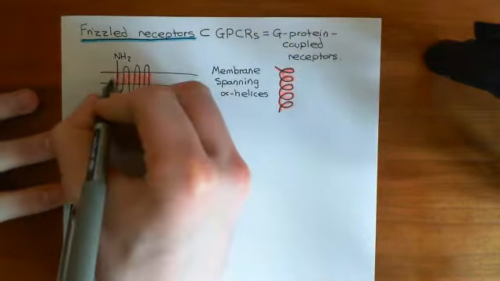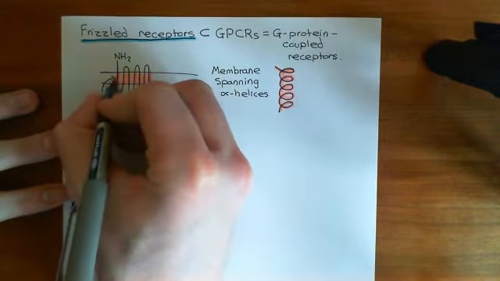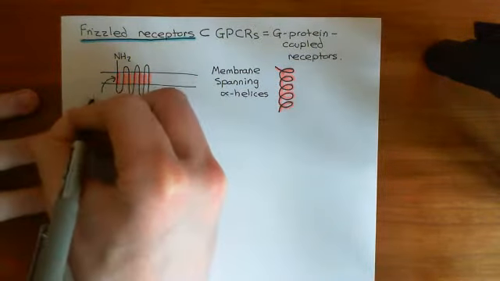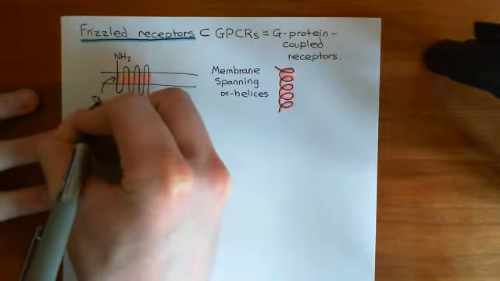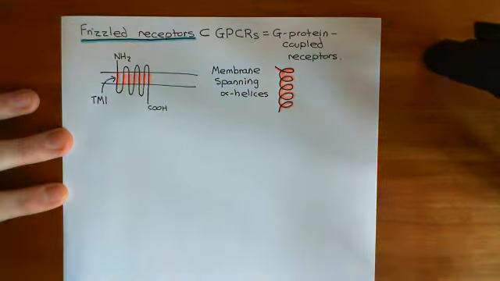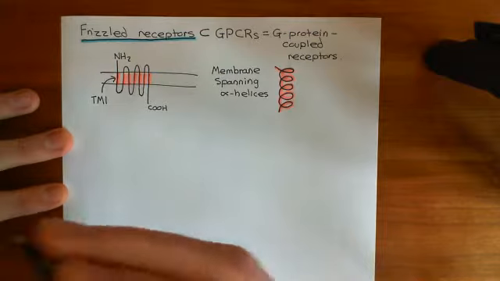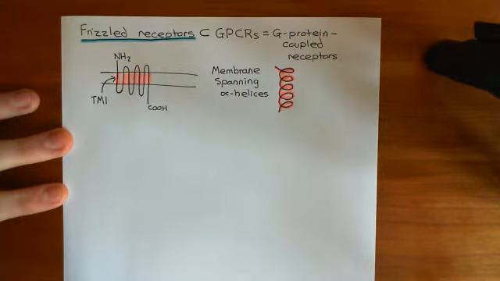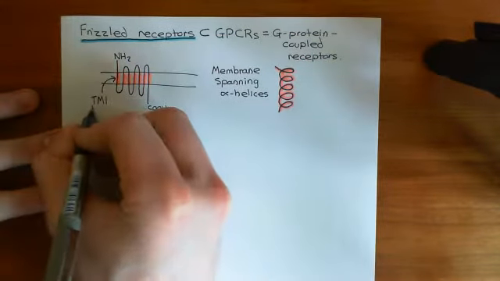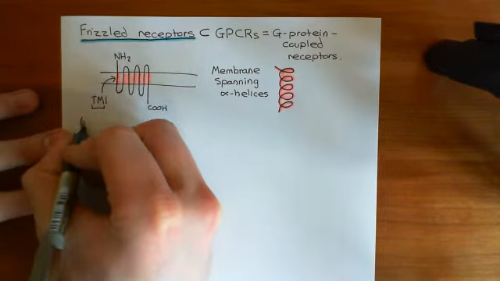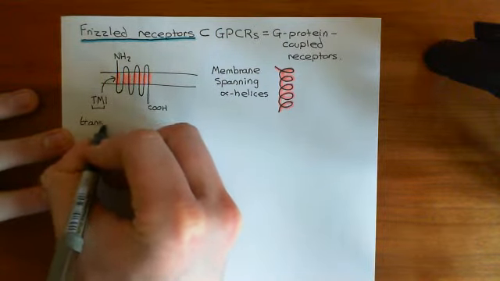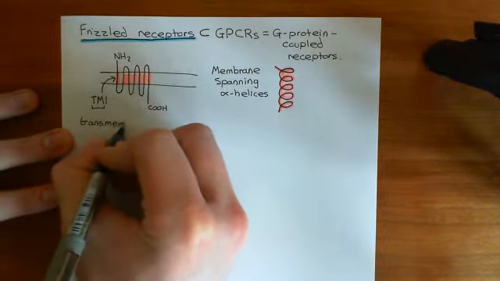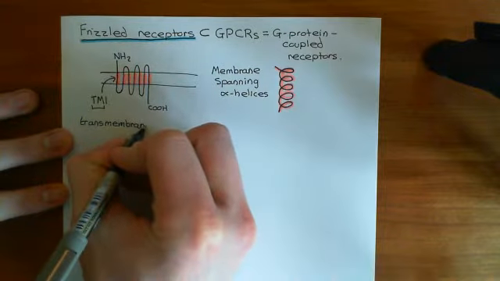These 7 membrane-spanning alpha helices all have names. The first membrane-spanning alpha helix is called TM1, standing for transmembrane alpha helix 1. This TM is for transmembrane: trans means across, and then membrane, so it's across the membrane.